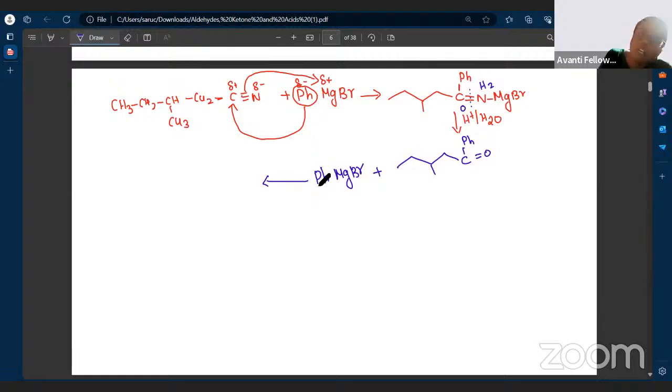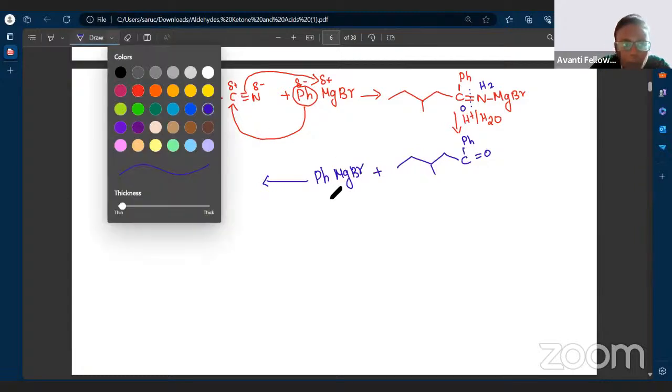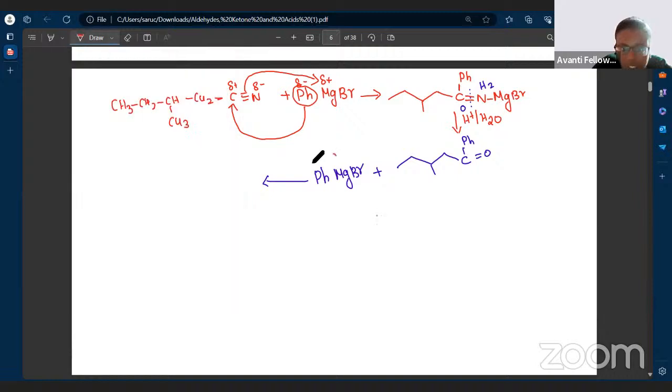Now when you again react with PhMgBr, again you have to put the negative and positive charges. Predict the product, write it down in your notebook, put positive, negative. Now again you just shift.